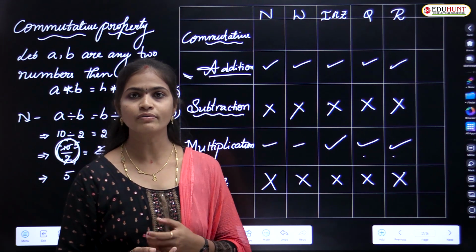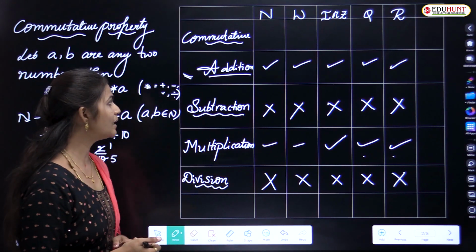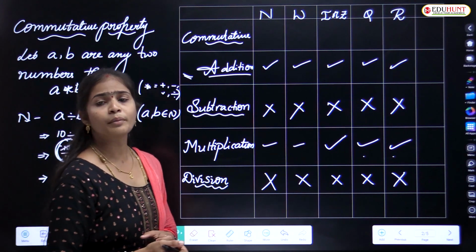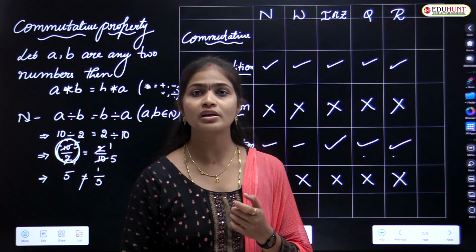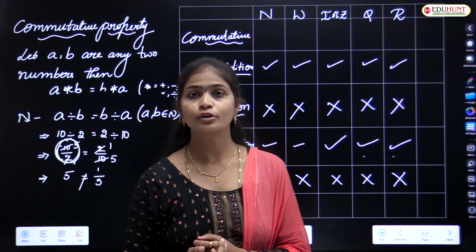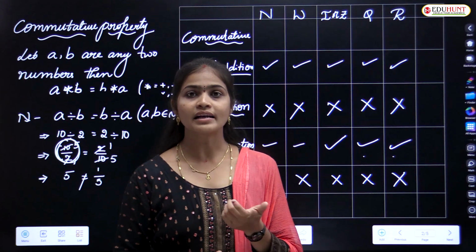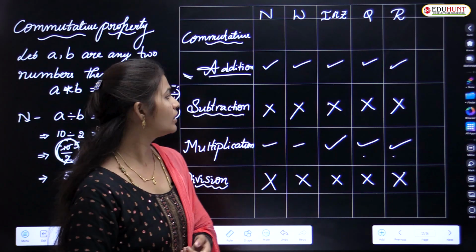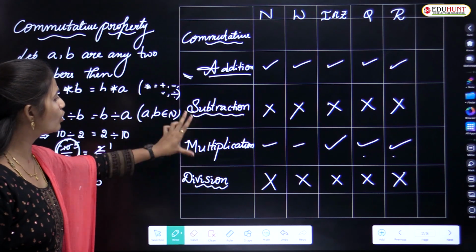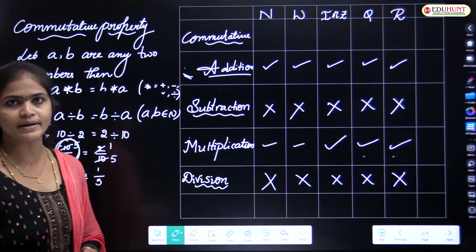Two options we can give for that; that is a multi correct answer type. And commutative property does not hold for natural numbers under dash. That is division and subtraction. So in these two cases it does not hold. In addition and multiplication only it is satisfied.